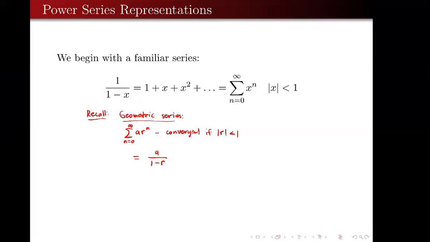Meaning, if you have some x whose absolute value is greater than or equal to 1, this equality is not true. They are not equal if the absolute value of x is greater than or equal to 1. You will only have the equality if you have this condition.